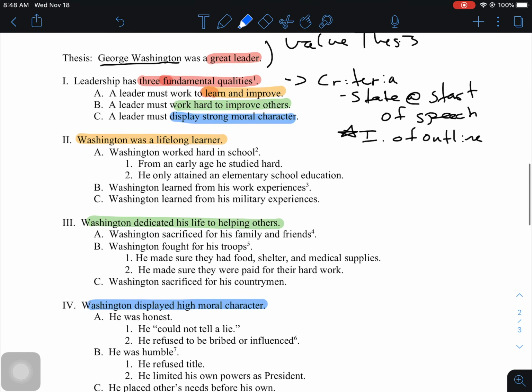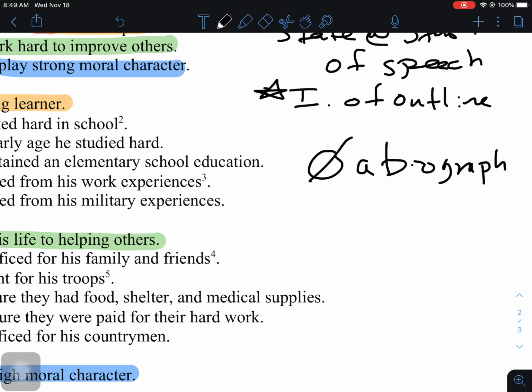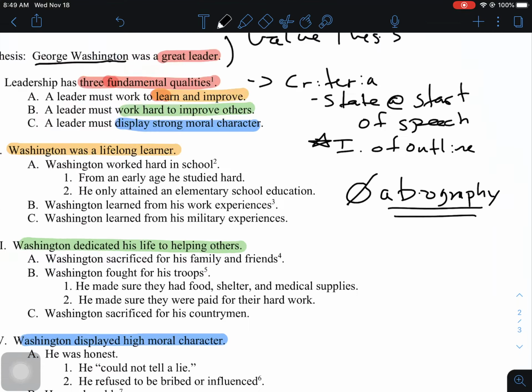One of the things that's really important about this is you'll notice that as I've gone through, I'm talking a lot about Washington. I'm even starting a little bit on the beginning of his life, and then I get into his work life, and then I'm talking about his life as a whole. But what I am not doing, I'm going to put the not sign, is I'm not making a biography.